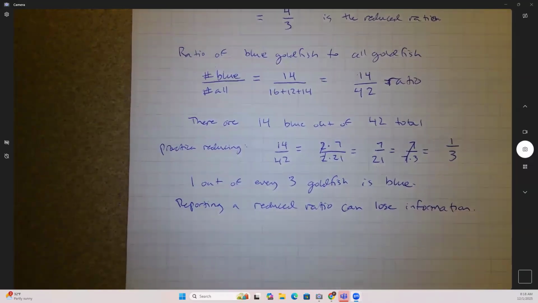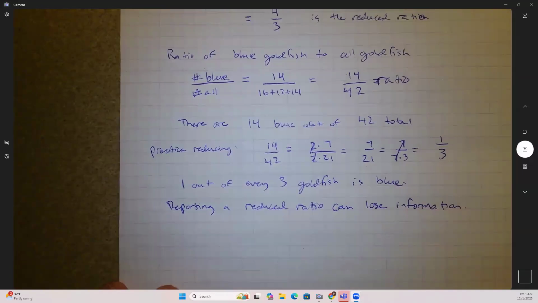This came up when I was working as an epidemiologist, someone who works with public health data. Sometimes when reporting a ratio, you kind of lose track of the fact. Like if you say 1 out of every 10,000 people has a certain medical condition, that seems like a very small fraction. But if you realize there are 100,000 people, that's 10 human beings who have that, and that matters.